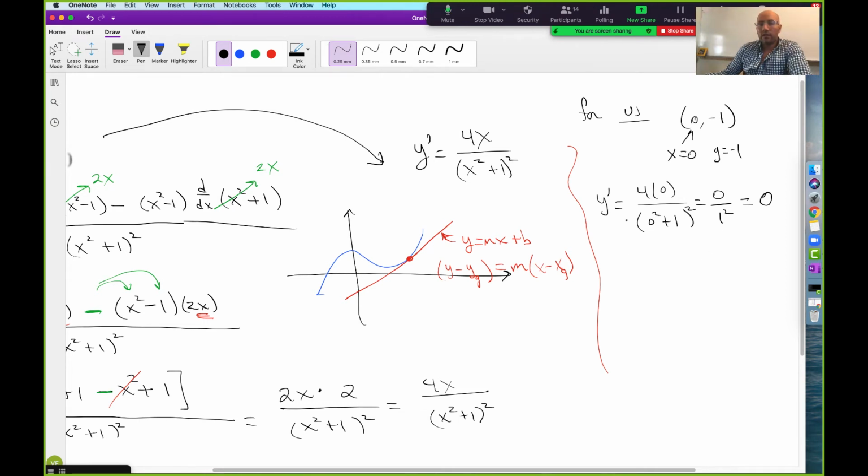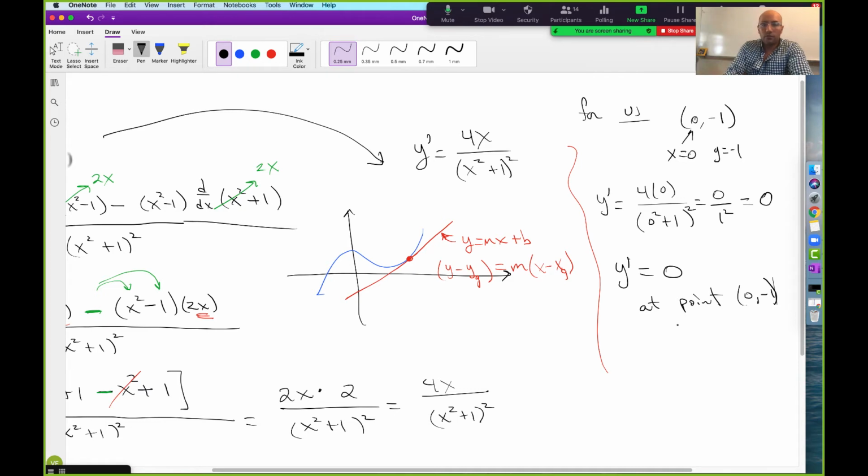So what kind of a line has a slope that's 0? The line tangent at that point has a slope of 0, which means it's going to be completely horizontal.